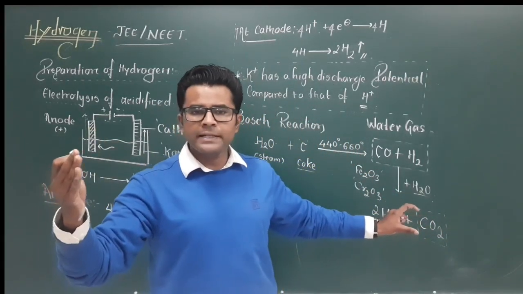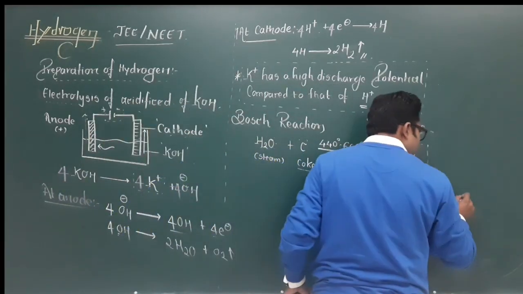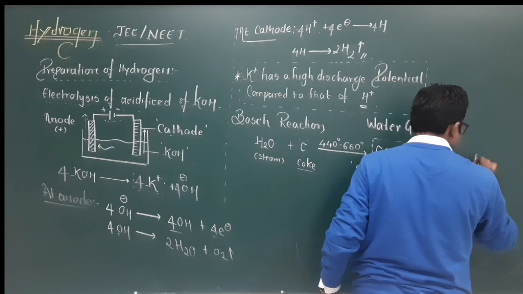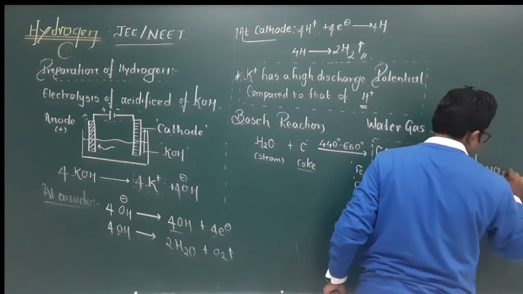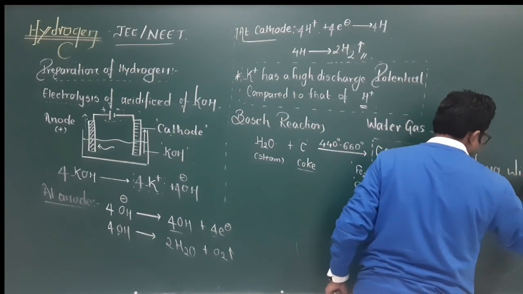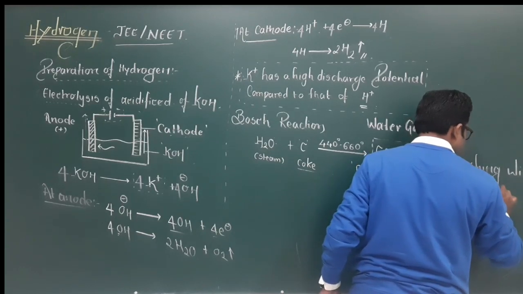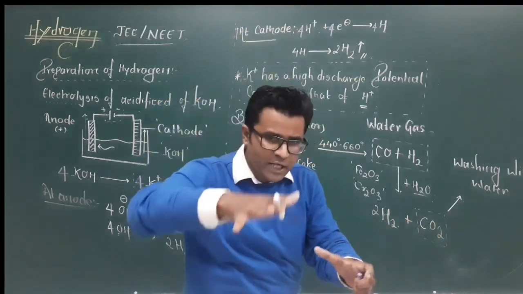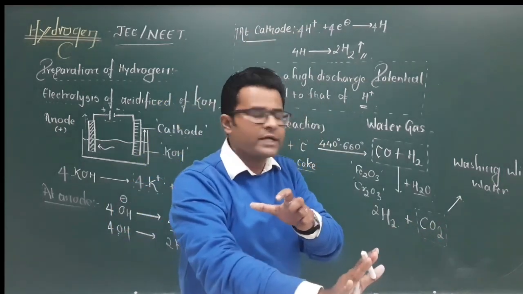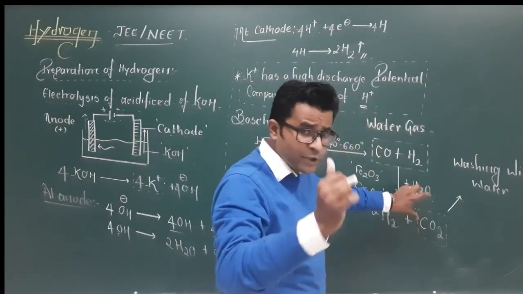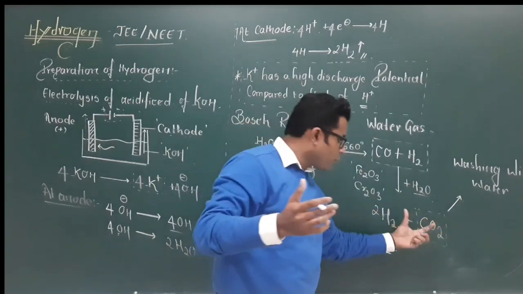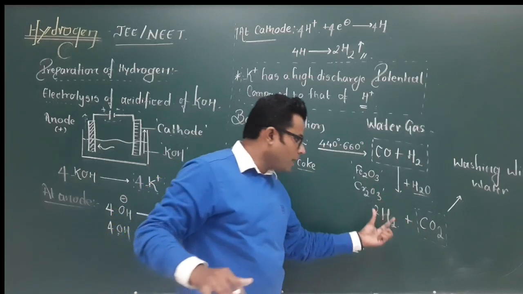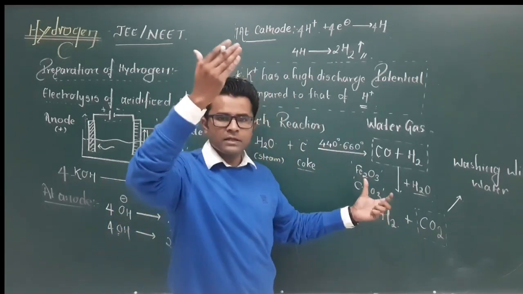It is separated by washing with water. It is washed down with water at a very high pressure. That means we pressurize it and then leave the water aside. Due to its higher molecular weight, carbon dioxide gets dissolved and goes down, while the hydrogen, being lighter, comes up.